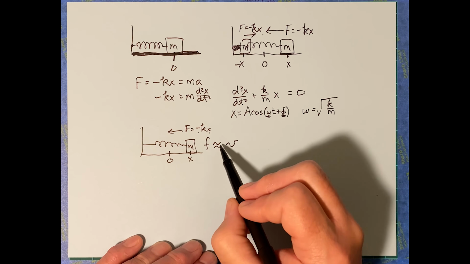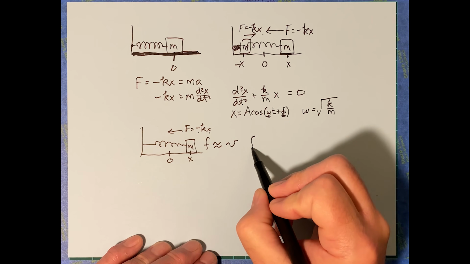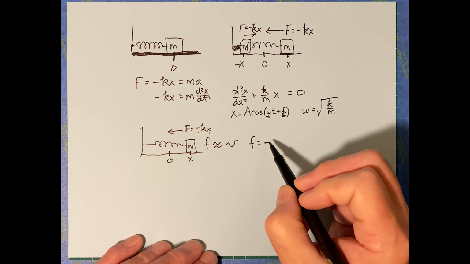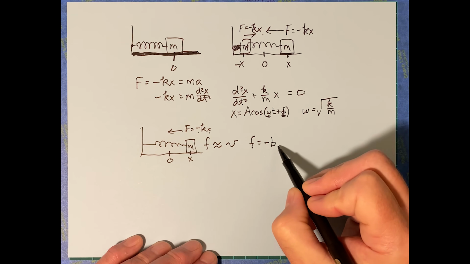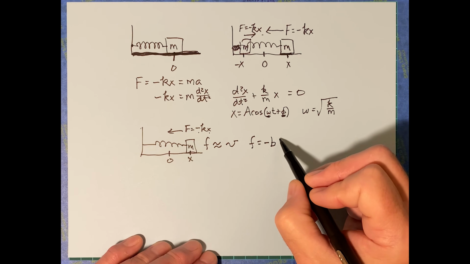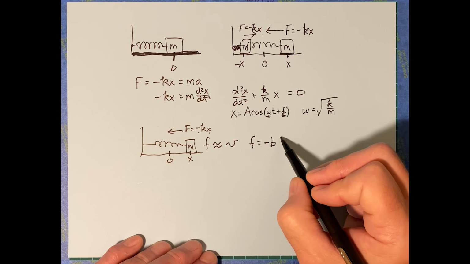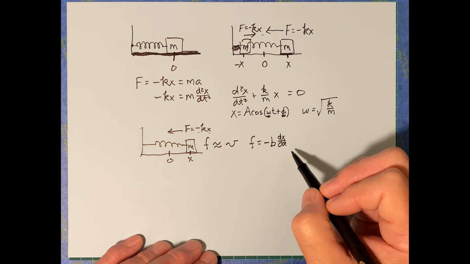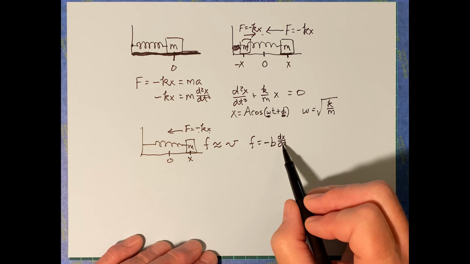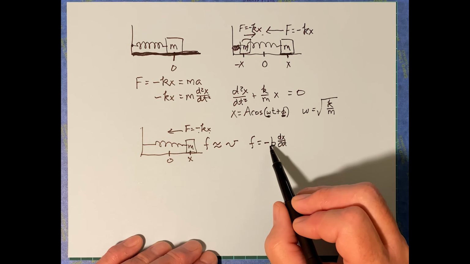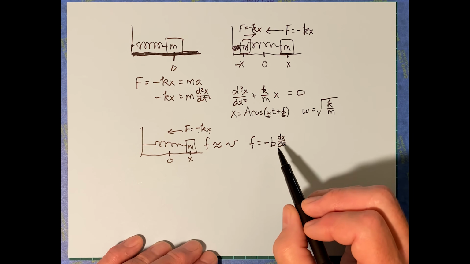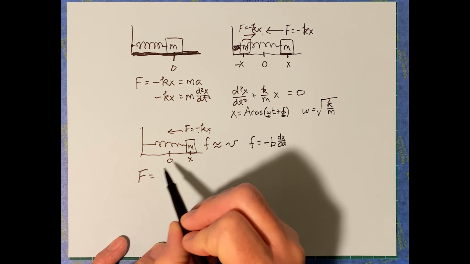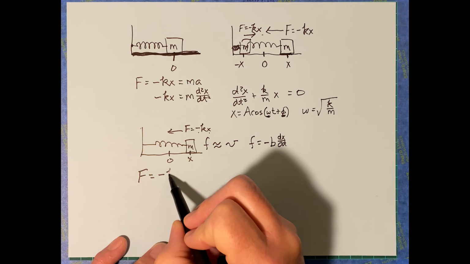So we can show that a little bit more clearly, that friction is equal to minus some coefficient, we'll just call it b, times the velocity, which is dx dt, like that. And the negative sign is there just to indicate that this frictional force is in the opposite direction from the velocity.